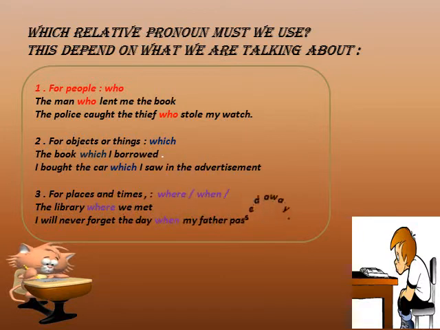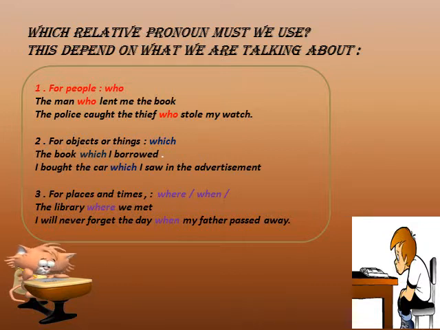Thirdly, for places and time, we use the two relative pronouns where for places, when for the time. For example, the library where we met. As the library is a place, is a location, we have to use the relative pronoun where.